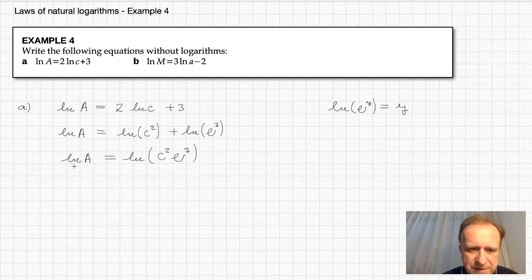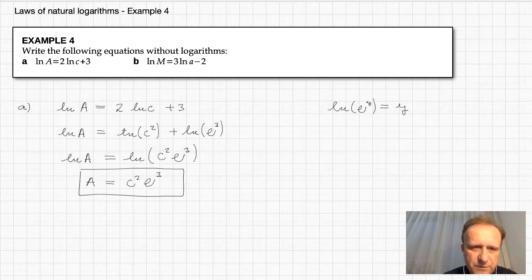Now on the left and on the right hand side we have a single logarithm, and since the natural logarithmic function is 1 to 1, we can safely say that a must be equal to c squared times e cubed, and this is the first part solved. So we got rid of logarithms and we wrote this equation in an equivalent form without using logarithms. Just let me repeat one thing here. This is equivalent to this only when a and c are positive.